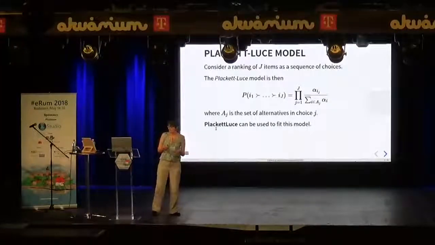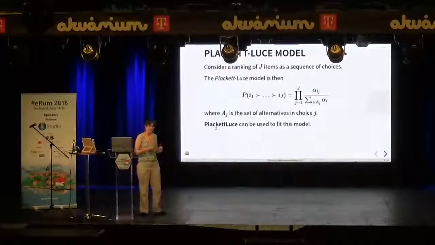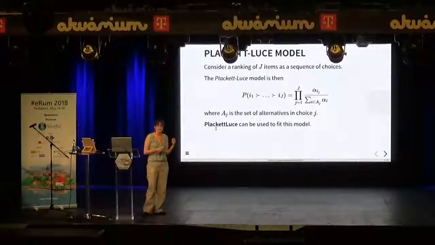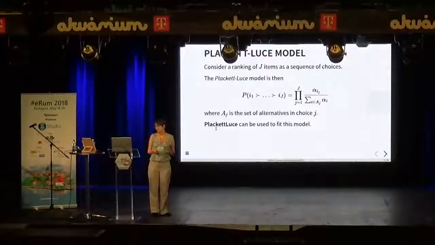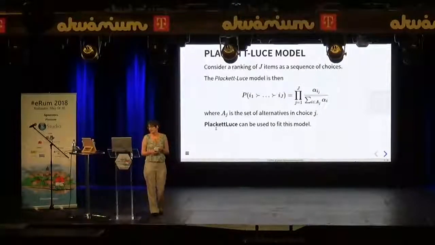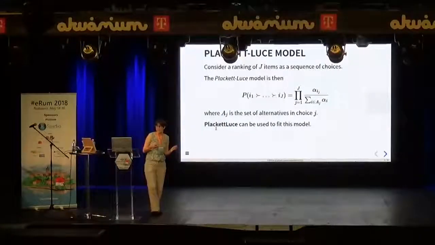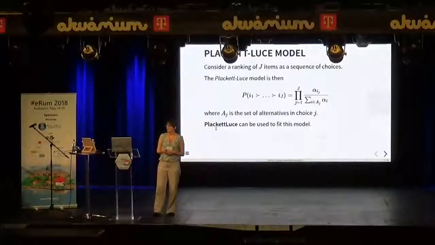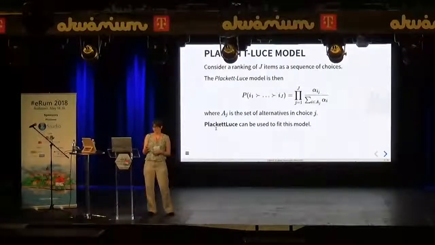And so you can see, if you've got a mathematical background, it's fairly simple to come up with this model, where we just take the product of the probabilities for the individual choices to come up with the probability of a particular ranking. And this is called the Plackett-Luce model. It was independently proposed by two different guys called Plackett and Luce. And what I'm presenting today is a package called PlackettLuce that can be used to fit this model.